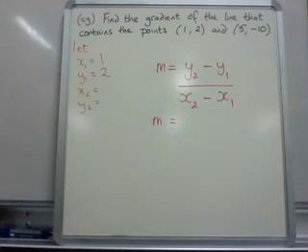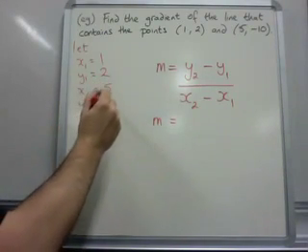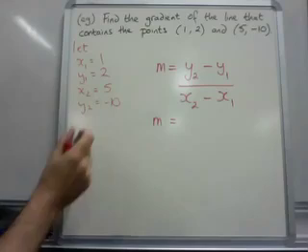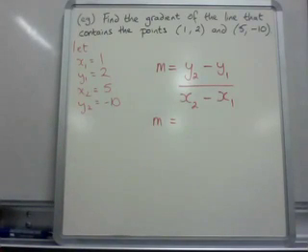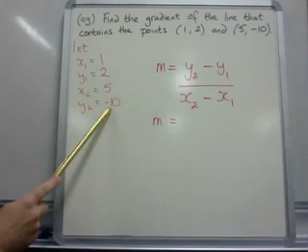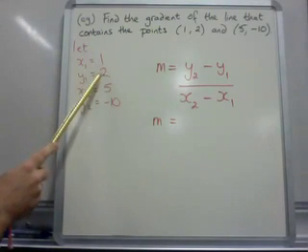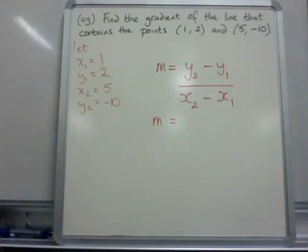Have you got an answer? Let's see if you're right. x2 is going to be 5 and y2 is minus 10. Now if you had decided that you wanted to call this one x1, then this one would have had to be called y1. Then this one would have been called x2, and this number here too would have been called y2, and that's okay too.